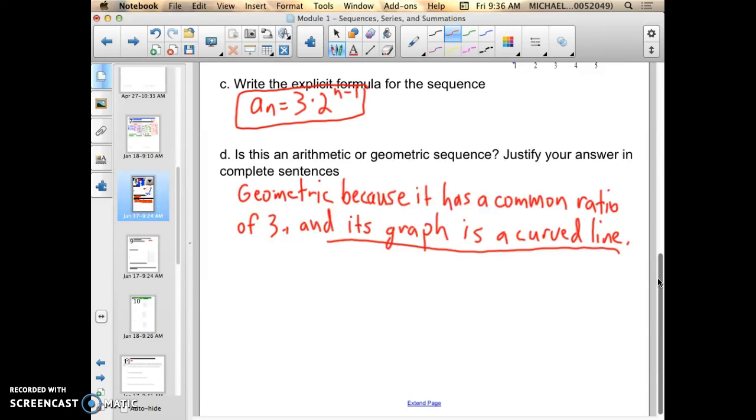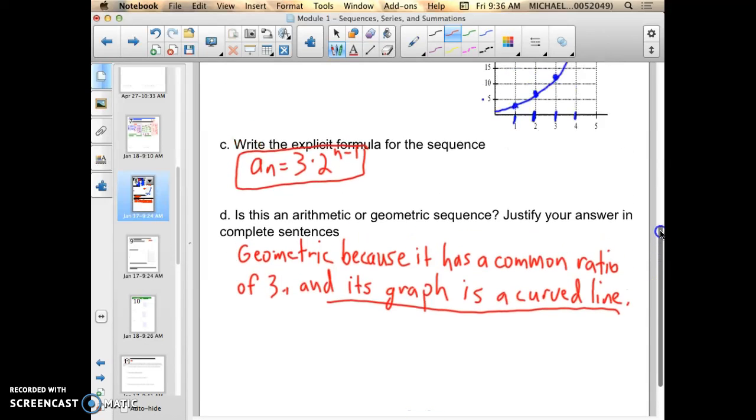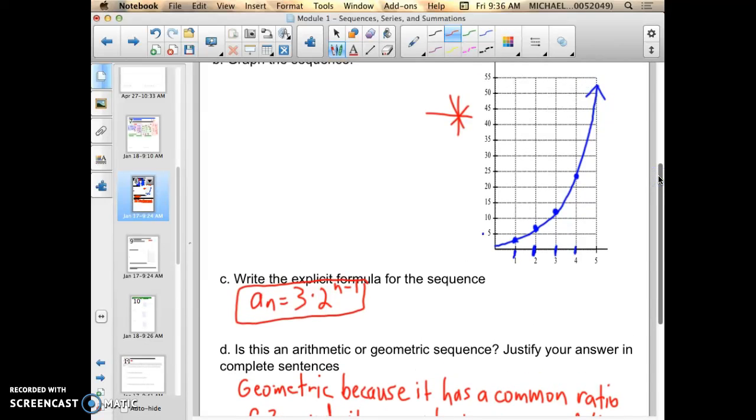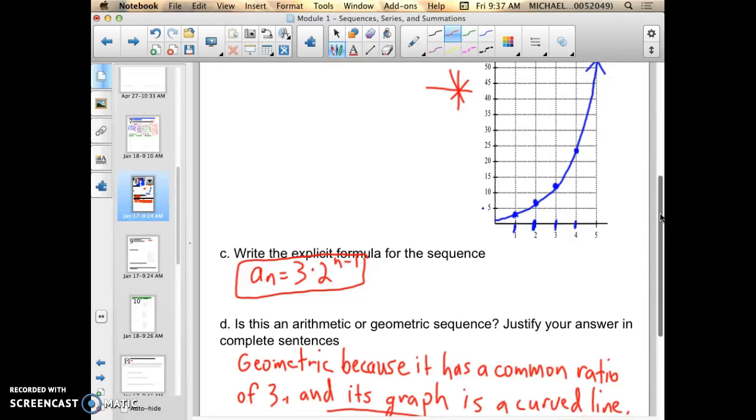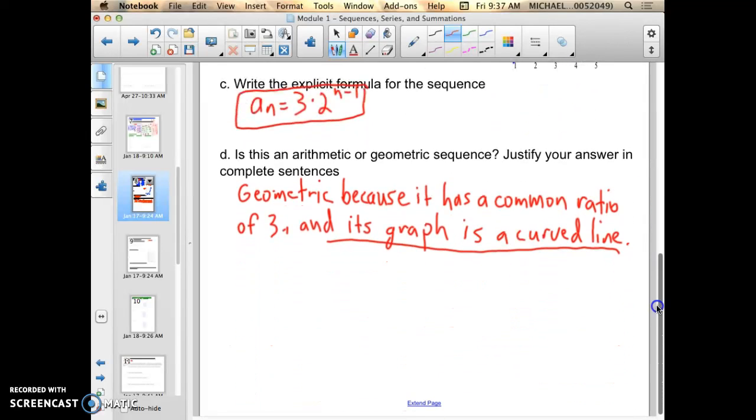You need to be able to look at a graph of a sequence and tell me if it's arithmetic or geometric based off the picture. And again, arithmetic is a straight line, linear. Geometric is a curved line, exponential, or something like that. So that's the intro. That's how I would do these types of problems.